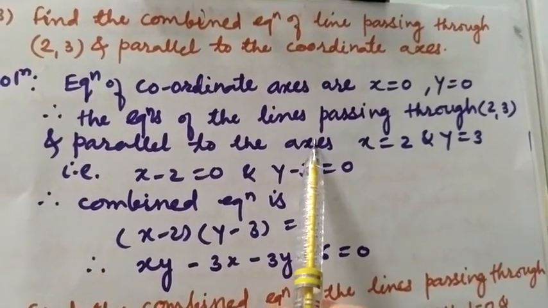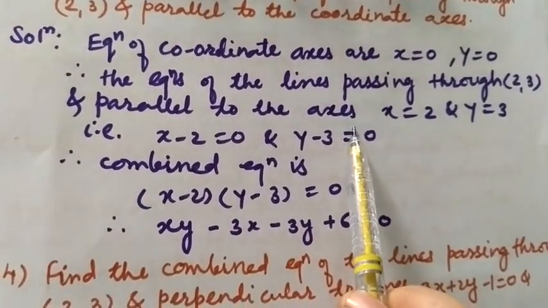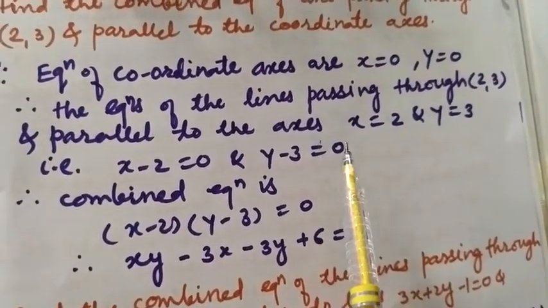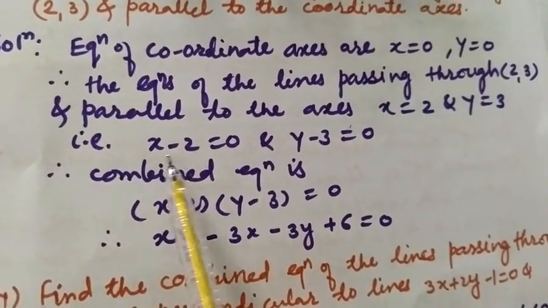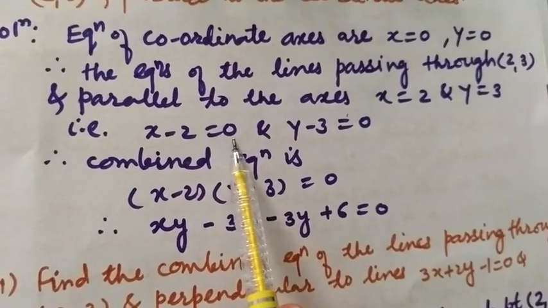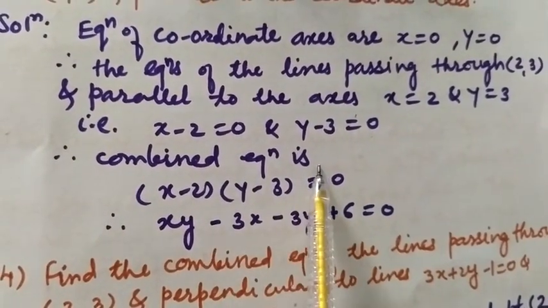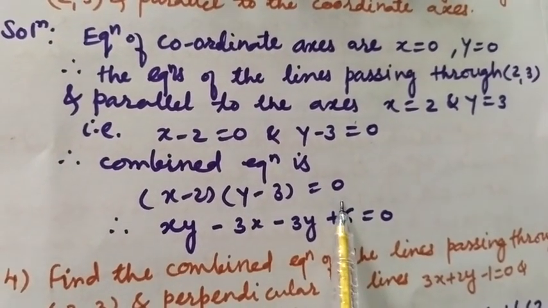Therefore the equations of the lines passing through (2, 3) and parallel to both axes, x axis as well as y axis, are given by x equal to 2 and y equal to 3. That is, x minus 2 is equal to 0 and y minus 3 is equal to 0. Therefore the combined equation is (x minus 2) into (y minus 3) equal to 0.